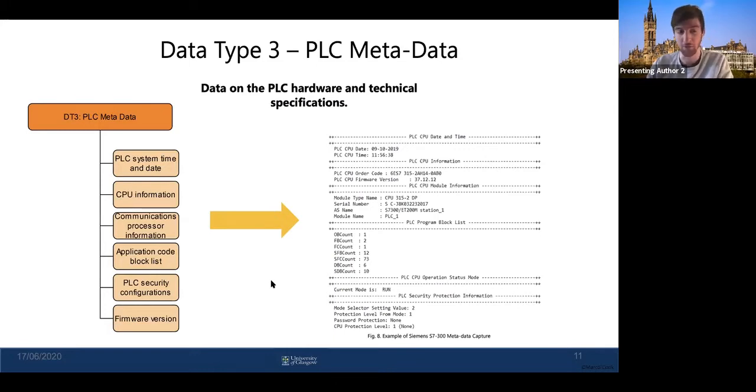But even when they come with that, they don't actually have it enabled as default, and many industries don't really enable this functionality, or they do, and it has default passwords that are either transferred in plain text or contained within technical documentation. So it's interesting to be able to see that we can acquire data on this, because this could be an area to indicate compromise within a system.